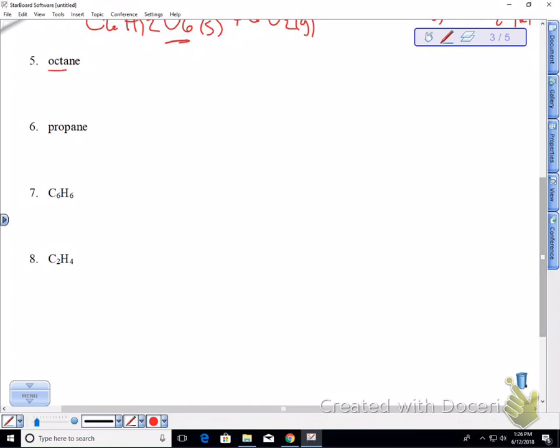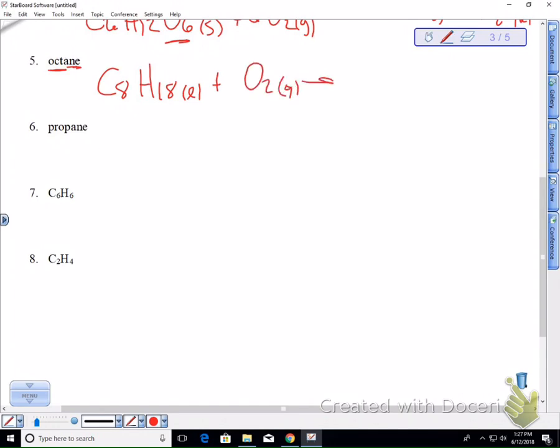Octane, what does oct mean? Yep, 8. So this is going to be C8, and because it ends in ane, this is your CnH2n plus 2 formula, so this is 18. Octane is a liquid. It's the main component of gasoline.